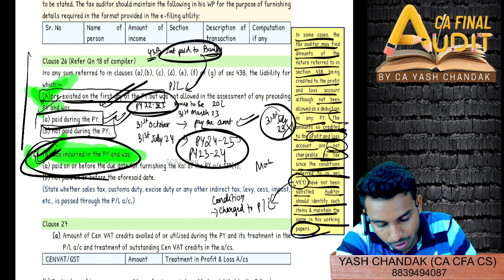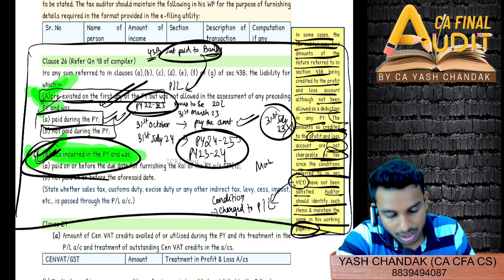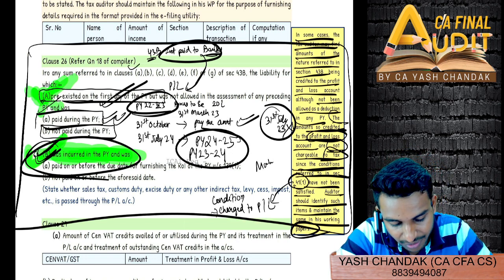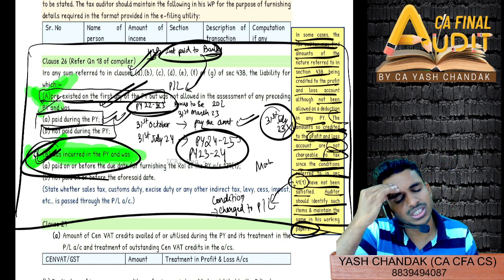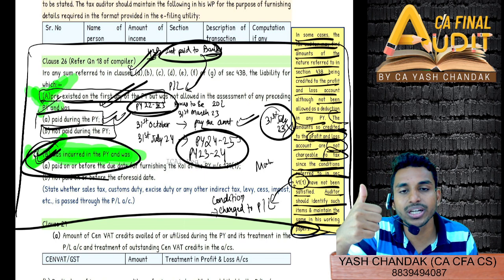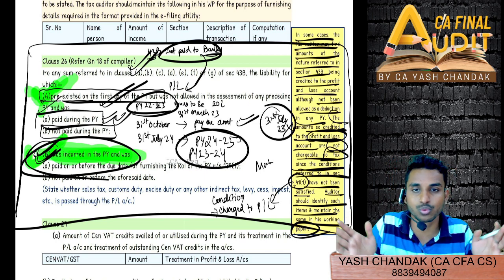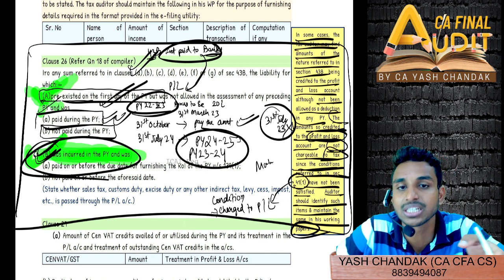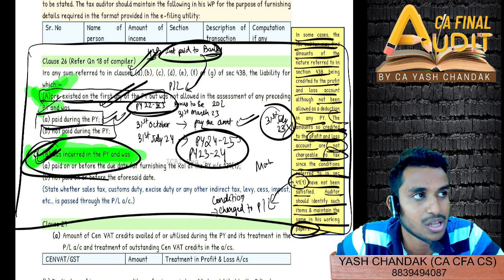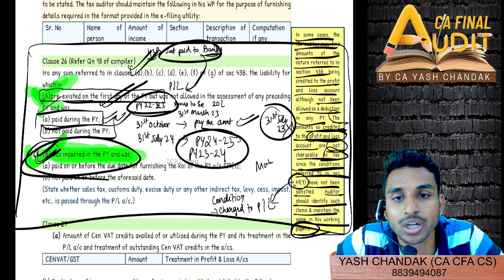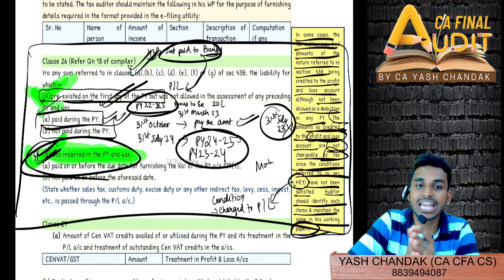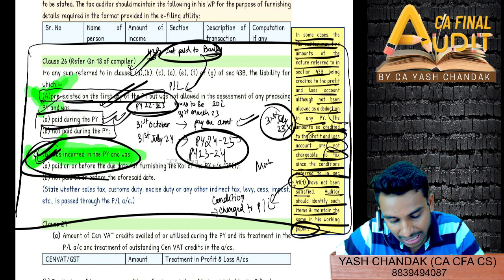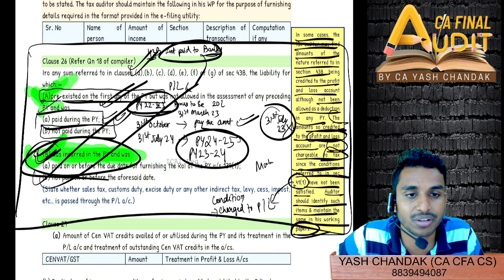So this was also clause 26 which we have completed. You can find a few questions in the compiler and also one important provision which relates to tax audit amendment. Suppose we have to issue the tax audit report before 30th of September, and we issued it on 31st of August. Till that date they hadn't made the payment, so we disallowed that expense and reported it here under clause 26.